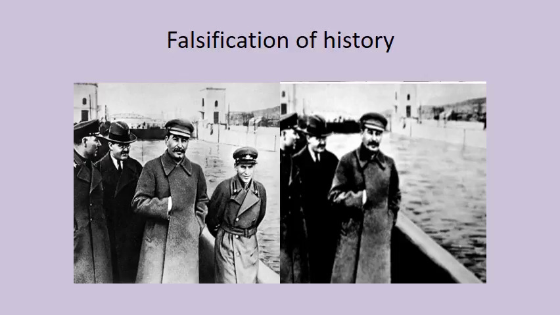The first and most obvious way of falsifying the past is the falsification of history. We can see a clear example of this in this pair of pictures. In the left-hand picture, Stalin is surrounded by 3 of his close followers, but the one standing on his left is removed in the right-hand picture.